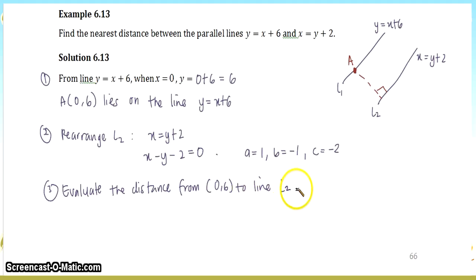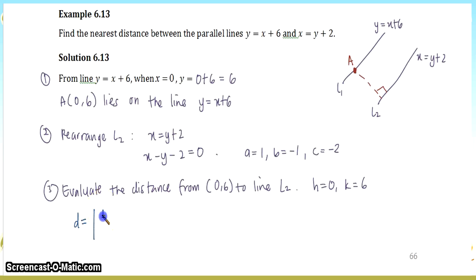From here, we know that h is 0 and k is 6. Using the formula, d equals modulus. For the numerator, we use the equation of line L2, with A is 1, B negative 1, and C negative 2.